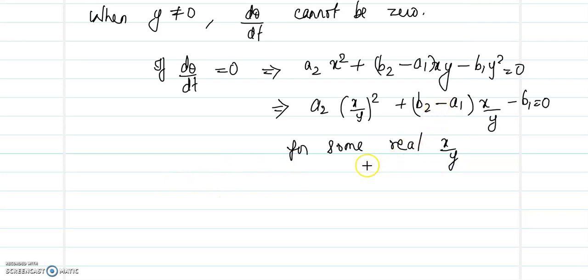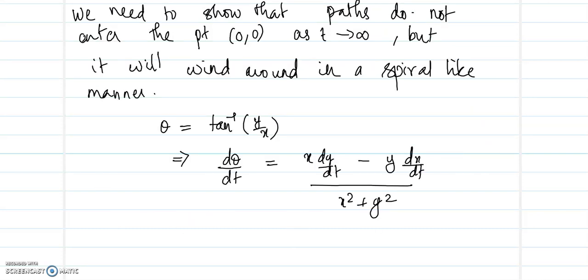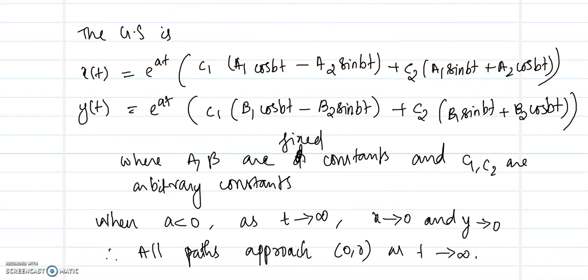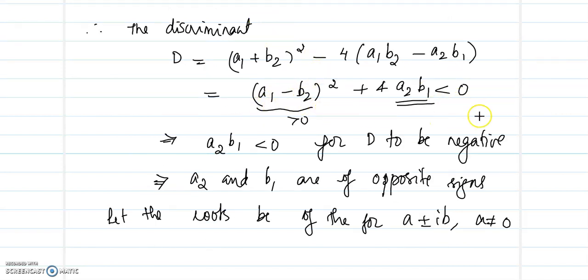Now if this is equal to 0 for some real x by y, that means the discriminant must be positive or equal to 0. Taking the discriminant, that will give us (b2 minus a1) whole square plus 4 a2 b1. Now that discriminant is negative, since we already know the roots are of the form a plus or minus ib, so it must satisfy this condition.